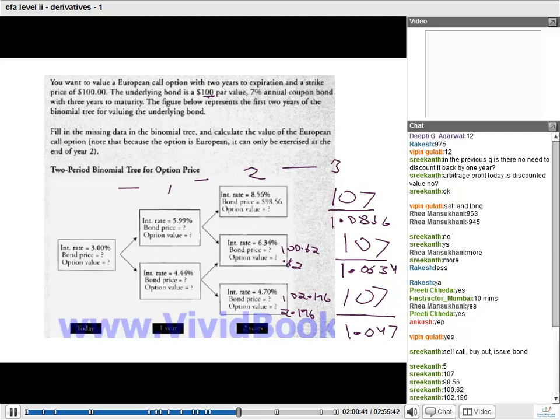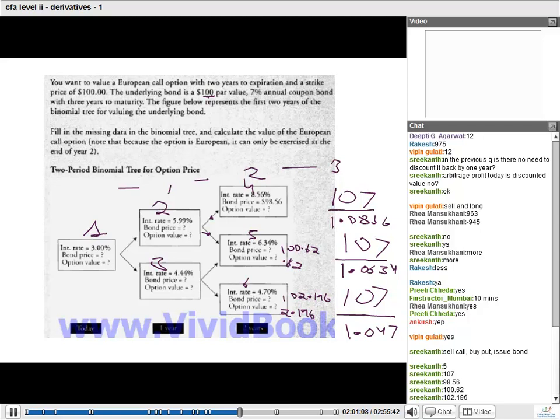Now let's assume there's a 50% probability of both up moves and down moves. Then what do I see at node 2? Again, let's call our nodes 1, 2, 3, 4, 5 and 6. So we've computed the value at nodes 4, 5 and 6. What do I see at node 2?